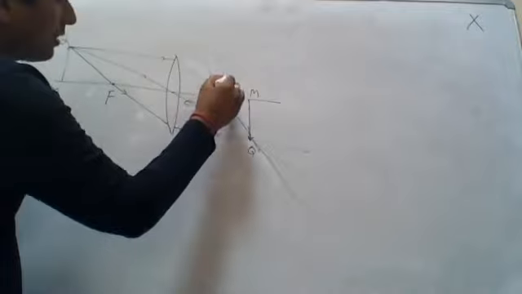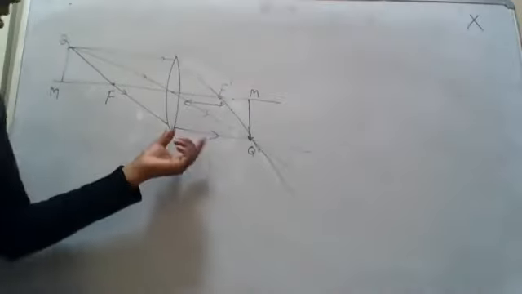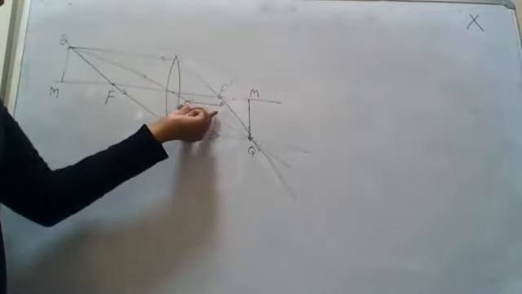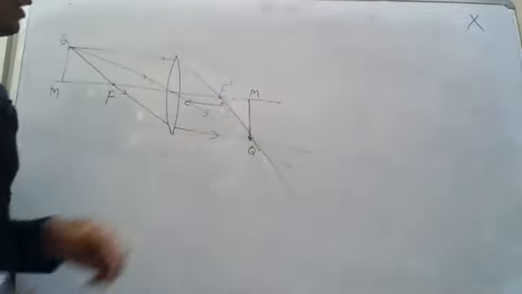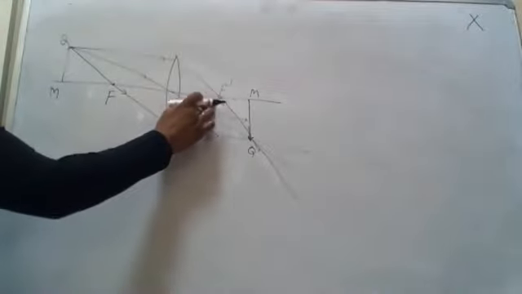This is our secondary focus. So you see that Revant earlier was saying that the image is formed in between the secondary focal point and the lens, but the image is forming on the other side of the focal point. Okay, this side, not in between, right?